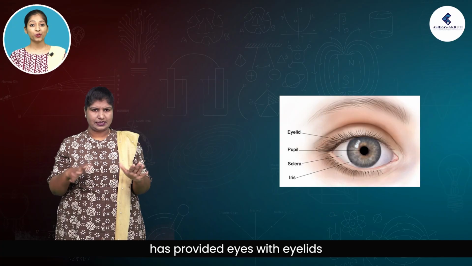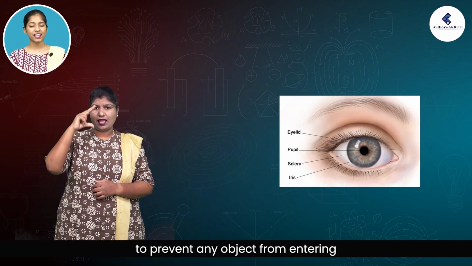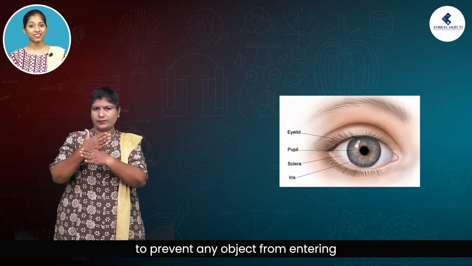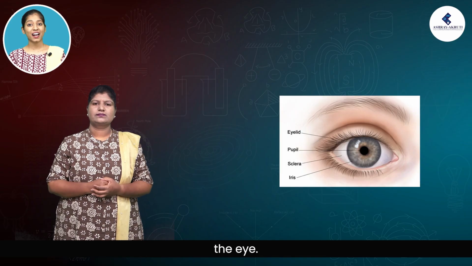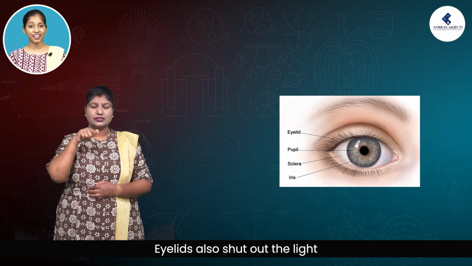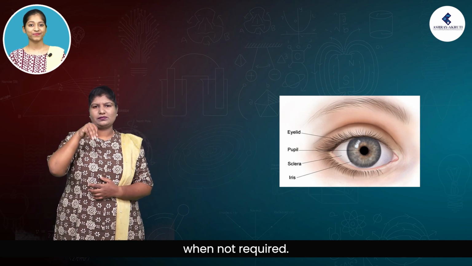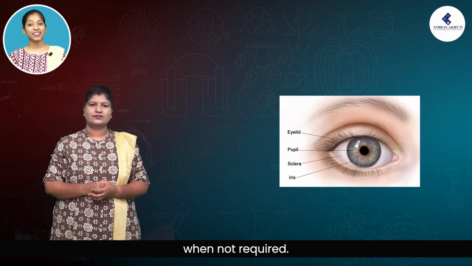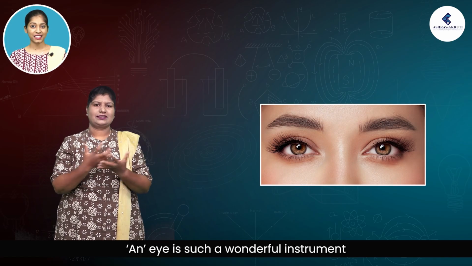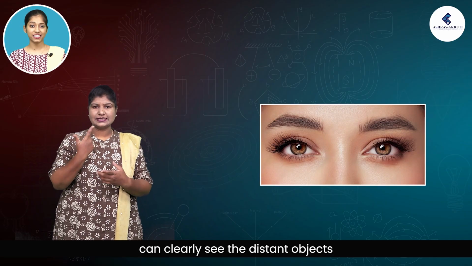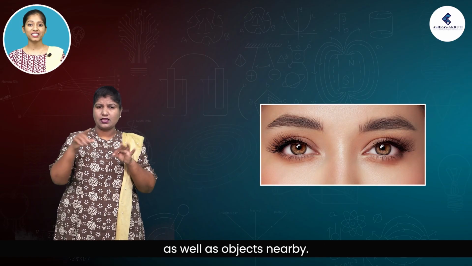Nature has provided eyes with eyelids to prevent any object from entering the eye. Eyelids also shut out the light when not required. An eye is such a wonderful instrument that it can clearly see distant objects as well as objects nearby.